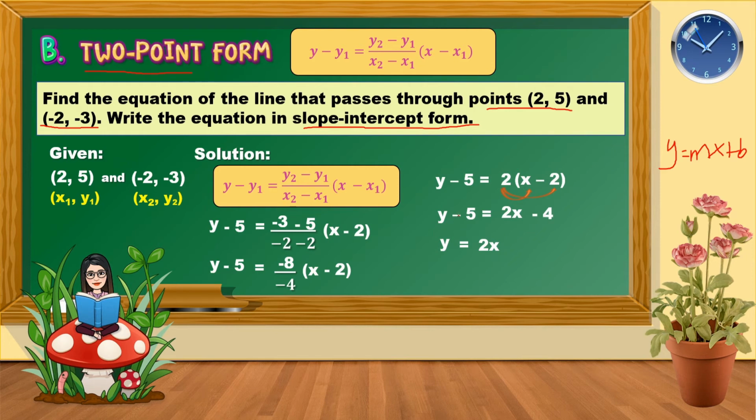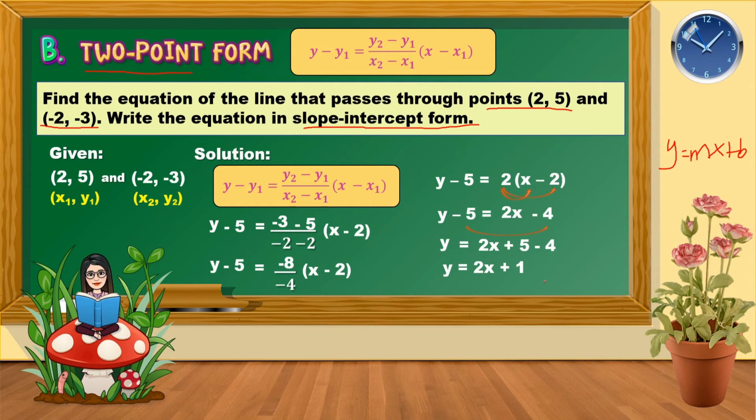Since si negative 5 ay nandito sa side na to, what we're gonna do is, we will move that on the other side of the equation. So, yung negative 5 mo, kapag minove natin sa kabila, it will become positive 5. Then, rewrite lang natin minus 4. Okay, and then rewrite y equals 2x plus 1.